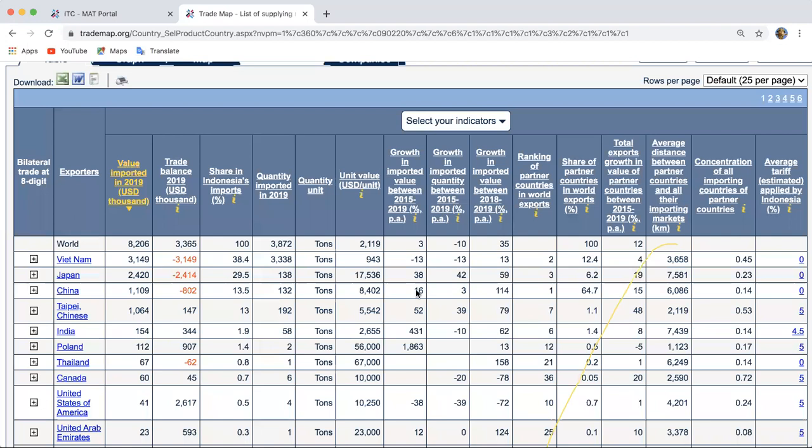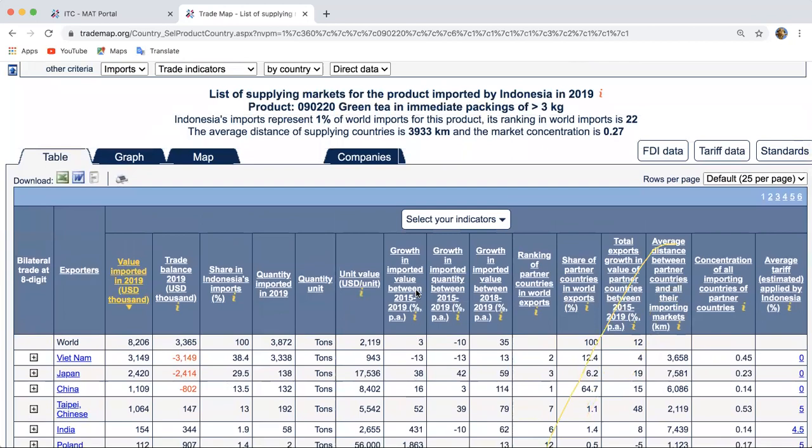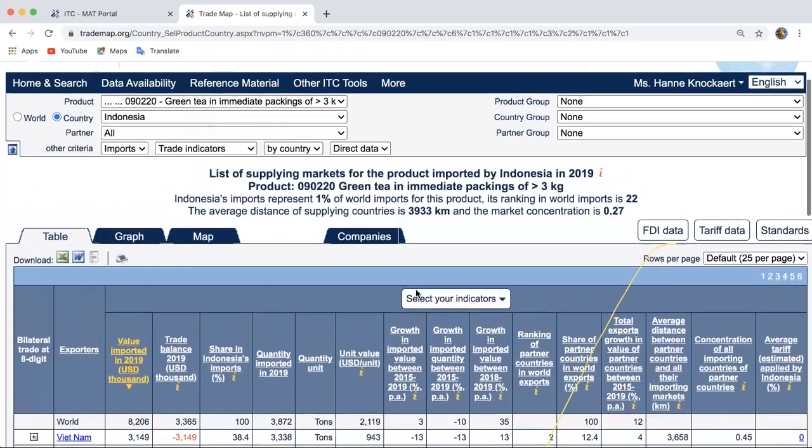Also China, which actually was the largest exporter of green tea, is behind us, is also growing well, but only has 13.5% in this market. So Japan is doing quite well already in the Indonesian market, even though it was not the largest market. It could be an interesting choice to target.